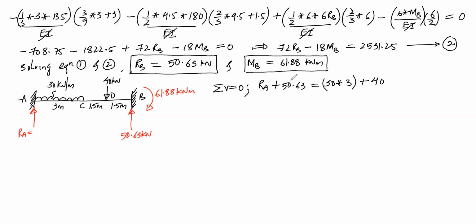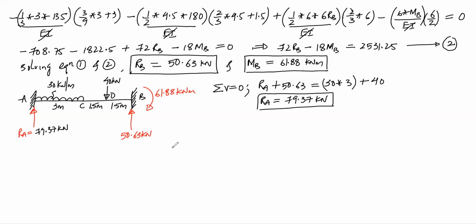That is, I'm equating upward vertical forces to downward vertical forces. And from this equation, we can calculate RA, which is found to be 79.37 kilonewton. So RA is 79.37 kilonewton. So now we know all the reactions.